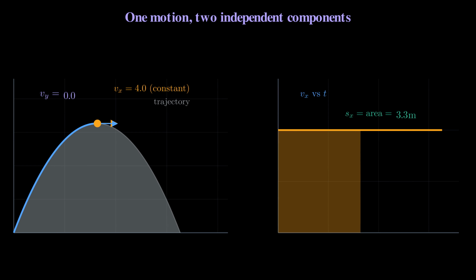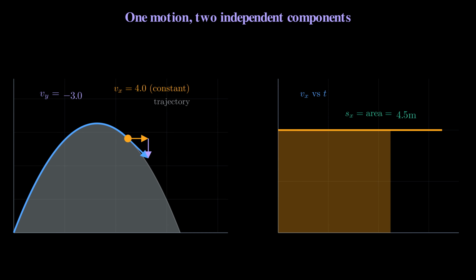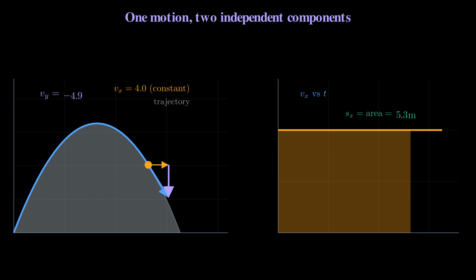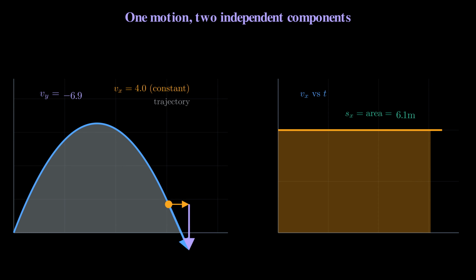The vertical purple arrow tells the whole story. It shrinks on the way up, hits 0 at the very top, then grows downward as the ball falls. One steady motion across, one accelerating motion up and down, glued together into that curving blue velocity arrow. And look at the graph on the right.